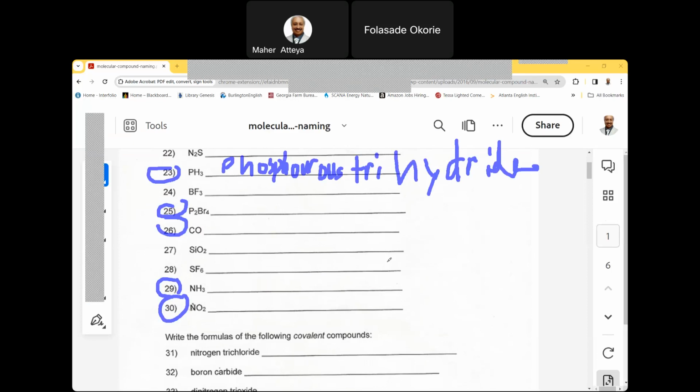Carbon is C, oxygen is O. What do we call it? The carbon, right? One has no number. Is that carbon? No, there's no two there.